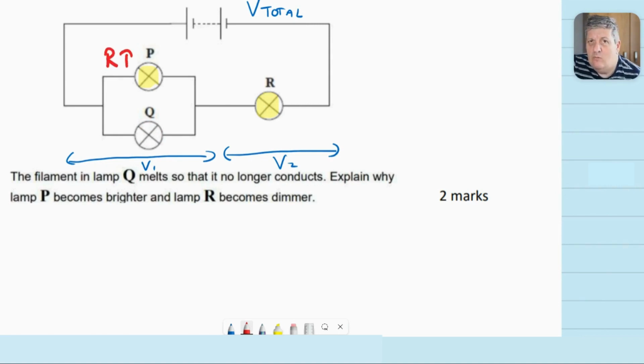because one component on its own has a higher resistance than two components in parallel, and the resistance of R on the right hand side is unchanged.